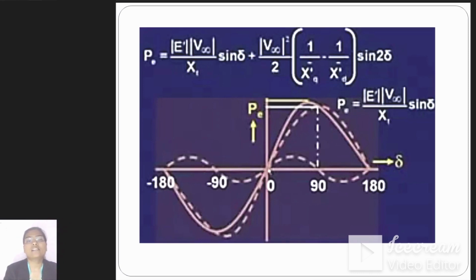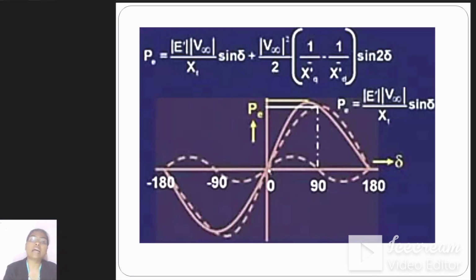Now let us consider a cylindrical type of rotor machine at any operating point. If we increase the machine input, then the electrical power also increases, and with the increase in delta the machine runs in synchronism. We keep on doing this until we reach 90 degrees.